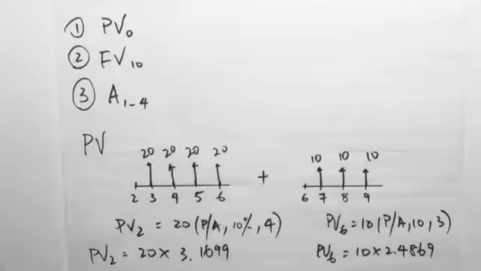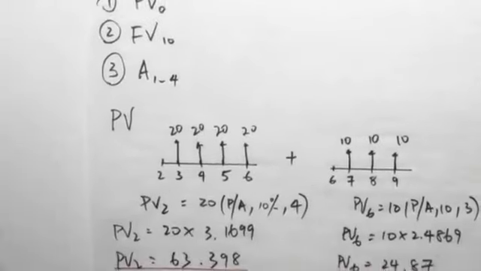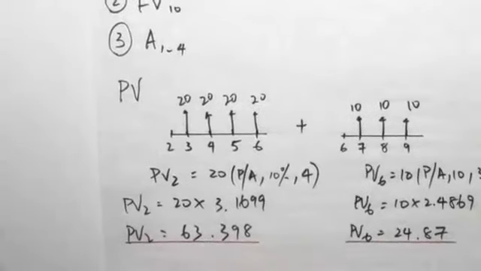And here I have just quickly used the interest rate table, worked out the factor, and got an answer for the present value at year 2 to be $63.398. Okay, similarly we do the exact same thing for the second annuity, which is 3 lots of 10 that starts at year 7.